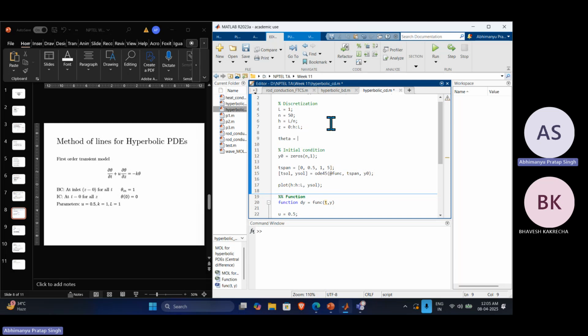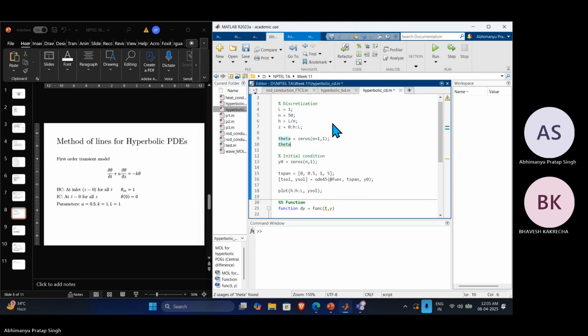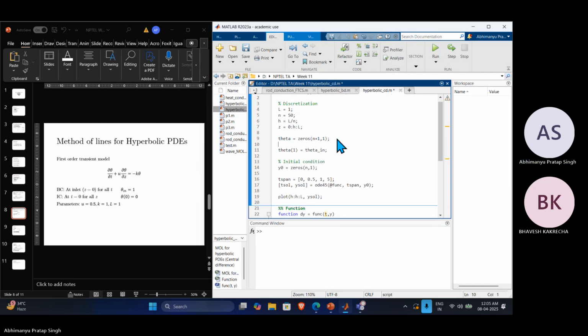So we just take zeros of n plus 1, comma 1, and the first is equal to theta in. Then my initial conditions become theta from 2 to n plus 1, comma 1.